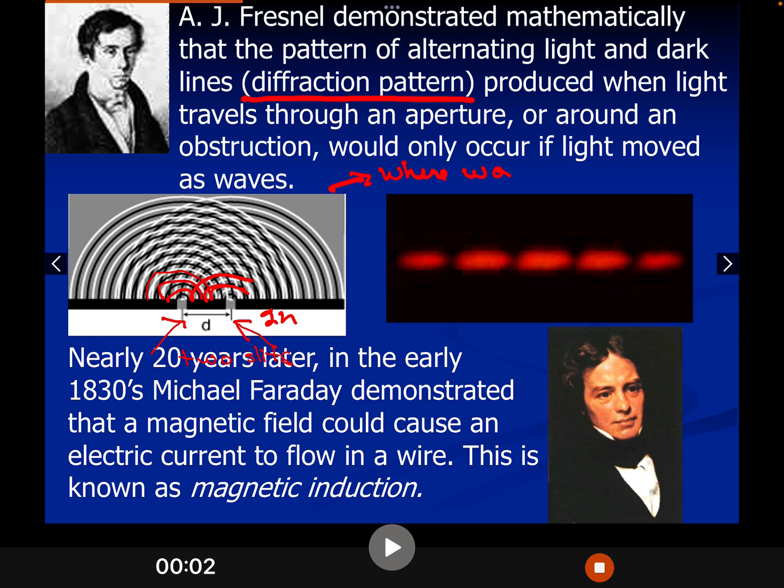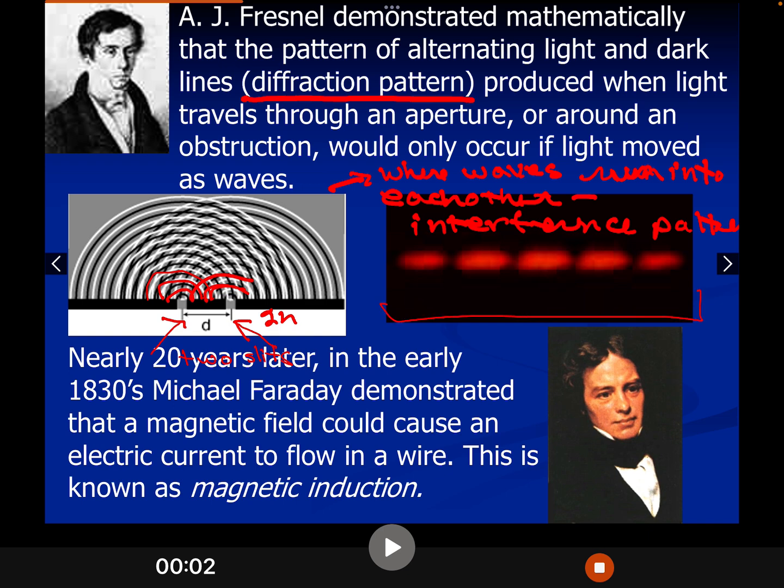Where waves run into each other, we get an interference pattern. And this is an interference pattern.